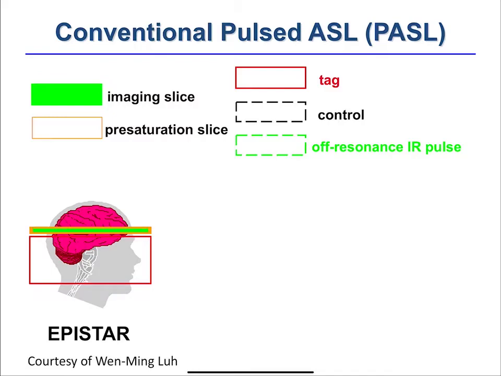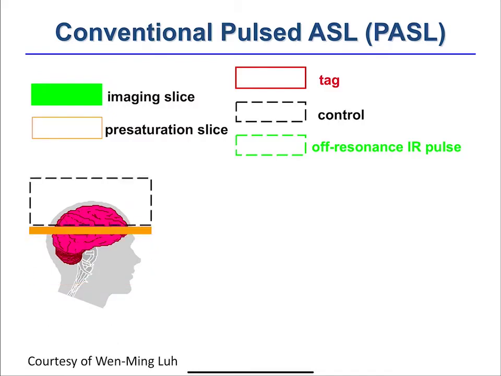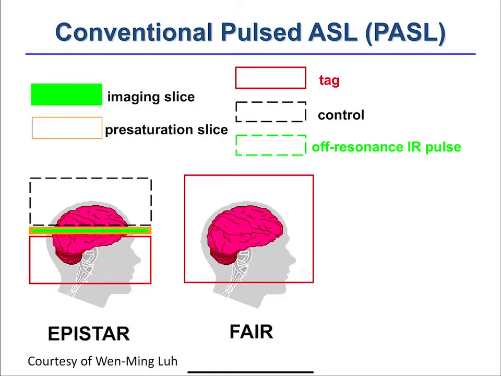So one way to do it is, in the control, you could just tag above where you care about, because blood generally flows this way, not that way. But that only really works well for one slice. So there are these different ways. FAIR is probably the most common one that we use here at the center. So those of you doing pulsed ASL at the center will be using FAIR, where it inverts everything, no matter where it is.